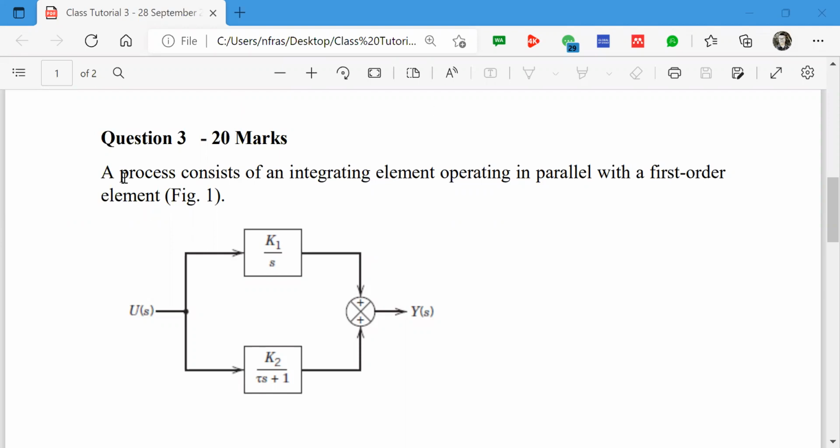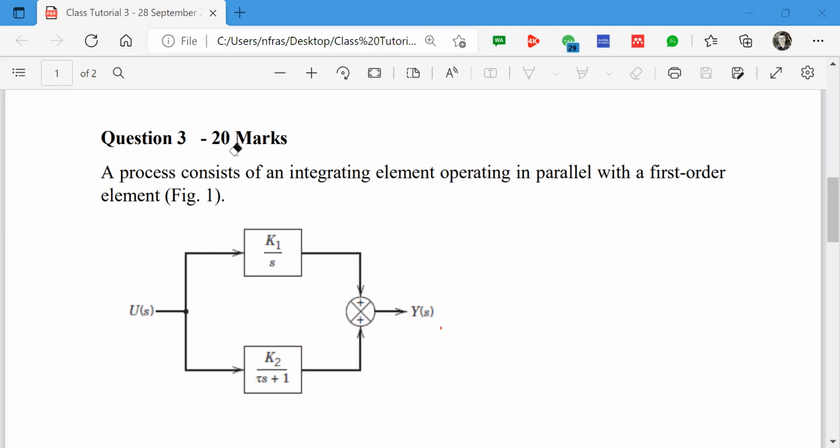All right, so it says that a process consists of an integrating element operating in parallel with the first order element. And then you've got a diagram there that is a representative of what that says. So you've got your inputs, your outputs, and K1 and K2. So the first question was asking you to find the order of the overall transfer function, right?